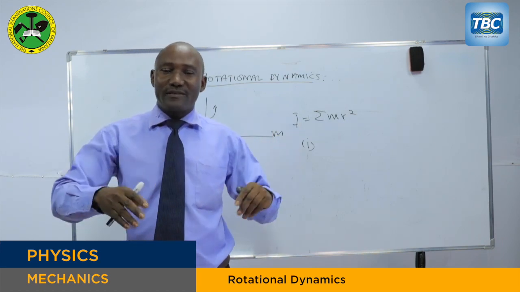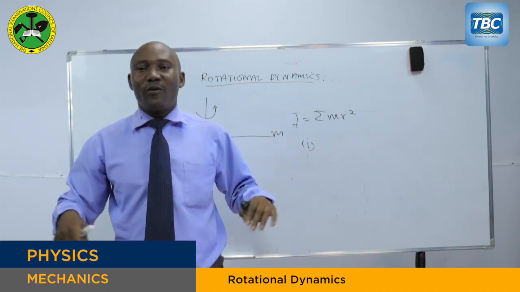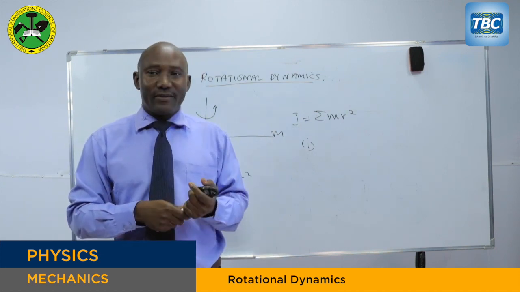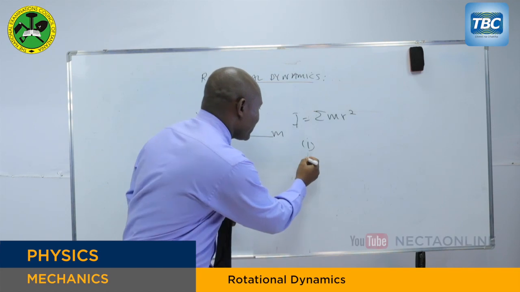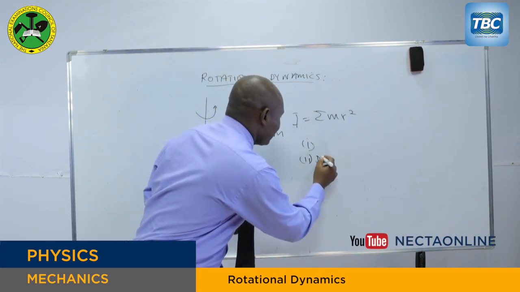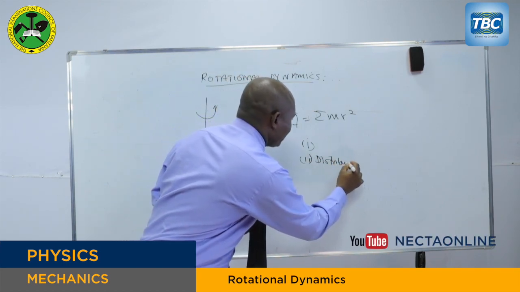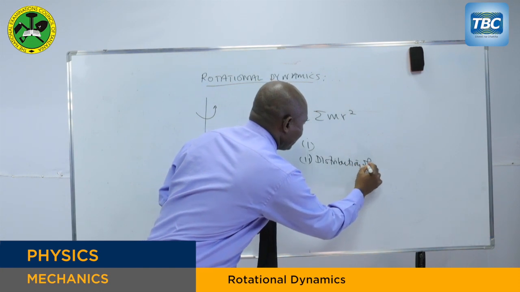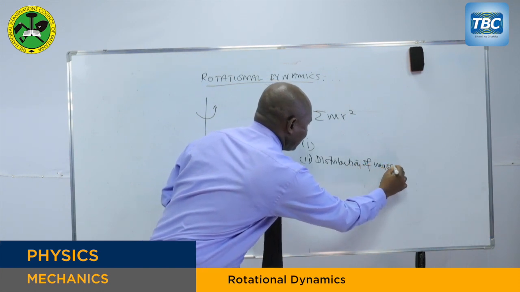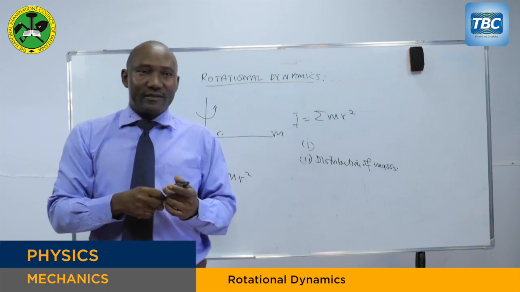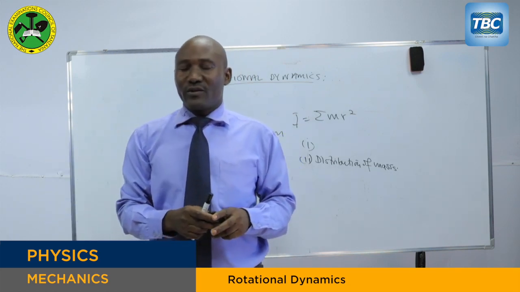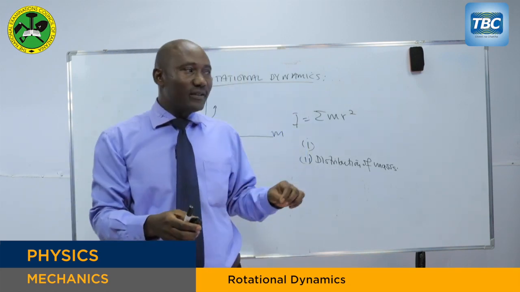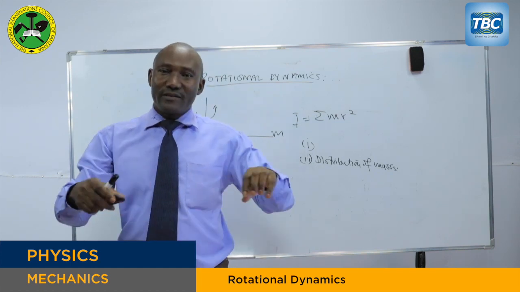How are these masses distributed over the body? The factor number 2 is the distribution of the masses. If there are several masses, it is the distribution of the masses within that body.